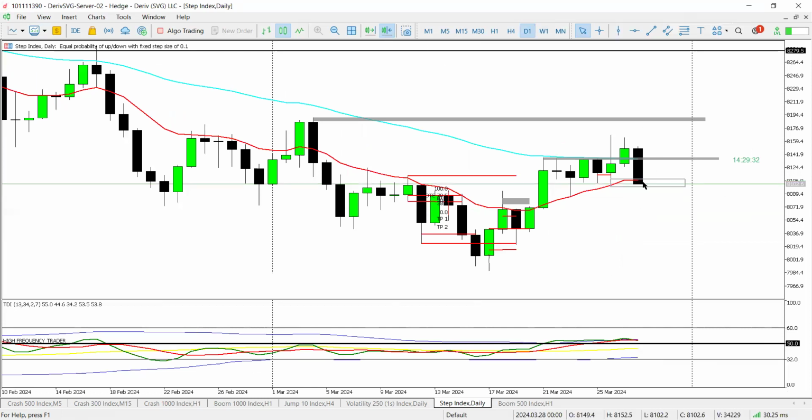Looking at the daily, we're right on the 13 EMA, which is where price can potentially reject and push up, or they could close down and show a continuation of price going down. So to get the best setup out of Step Index, I would love to see how today's candle closes. Then I can look forward to trade it possibly tomorrow. So today I've got nothing on this one.